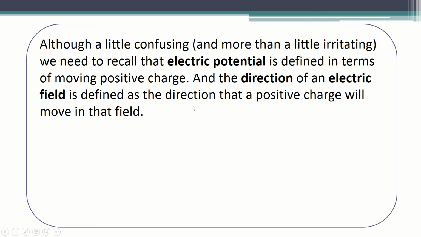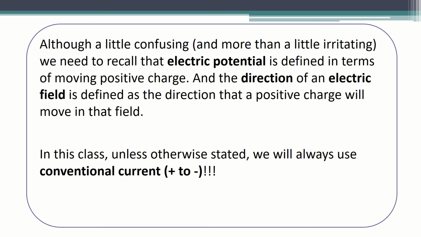So we need to recall that, again, electric potential is defined in terms of moving a positive charge, not a negative. And the direction of the electric field is defined as the direction that a positive charge will move in that field. So again, you don't have to worry about the electric field for now. That's something you might learn more about later on in Physics 12.